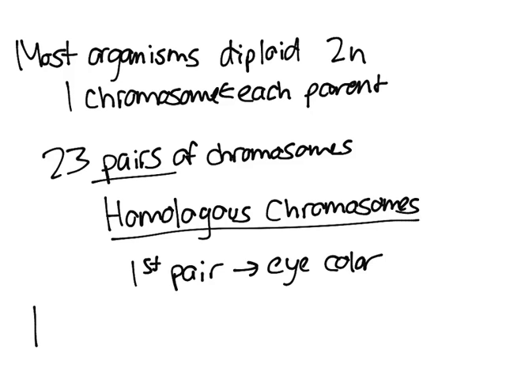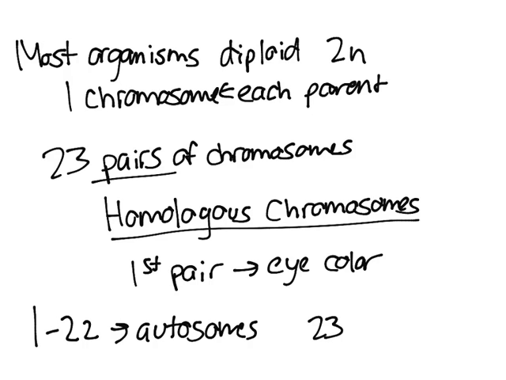And so pairs 1 to 22 are called autosomes, which means they express the body traits. And then 23 is the sex chromosome, which determines the sex. But the pair 23, especially in males, males are XY, they're not truly homologous, but these two behave like homologs, although the X and Y chromosomes don't code for the same traits.